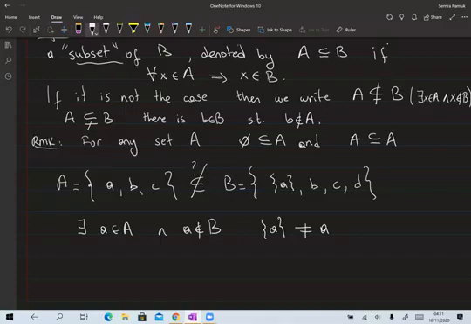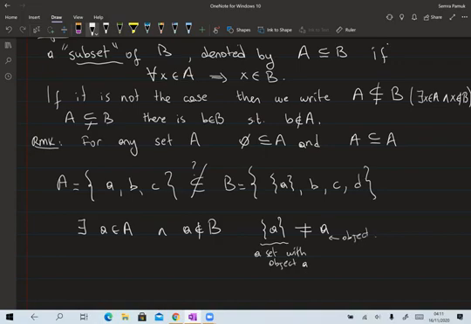So this is a one-element containing set. a is just an object, but this one is a set with the object a. So they are not the same.